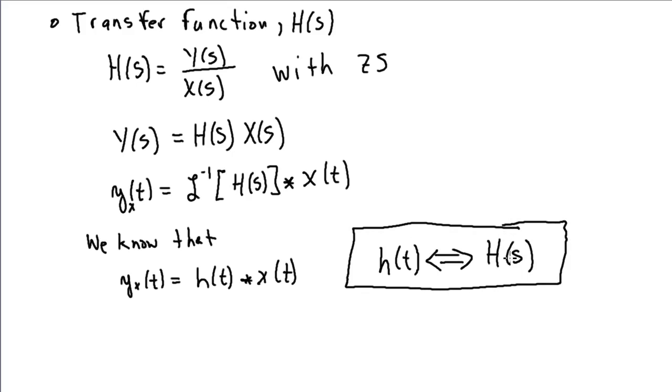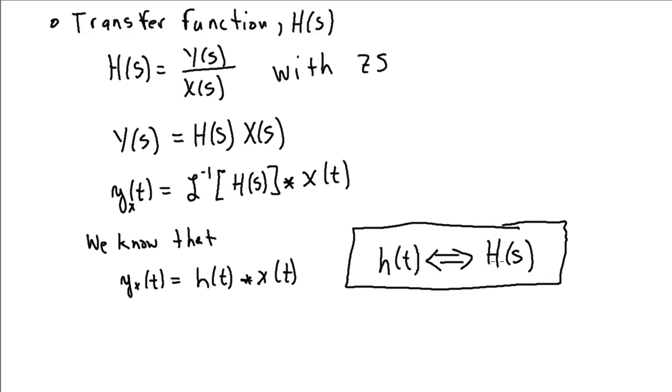So it was no accident that I chose to use capital H for the system transfer function, because I knew that it would turn out to be equal to the Laplace transform of our impulse response.